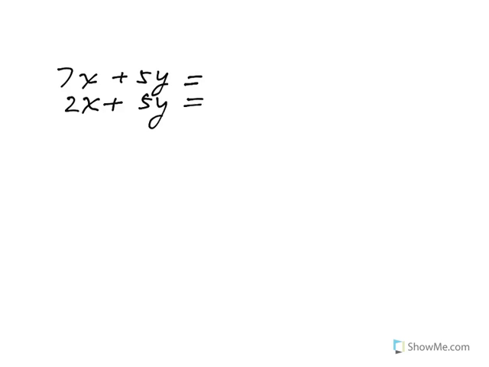I'm going to make up some numbers and make this a nice answer. Okay, and here I have my system of equations. You don't need to put this little curly brace, but you can.